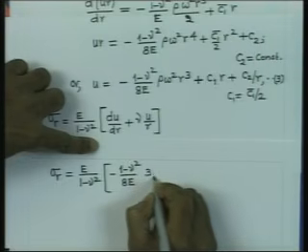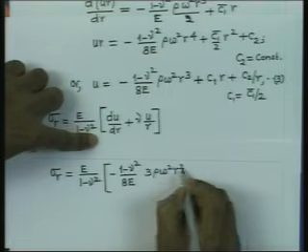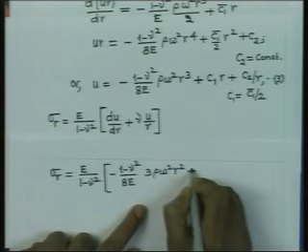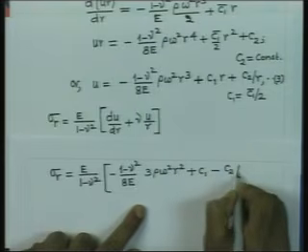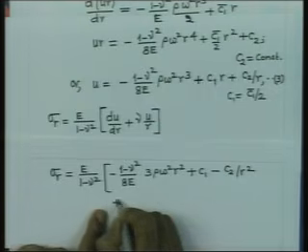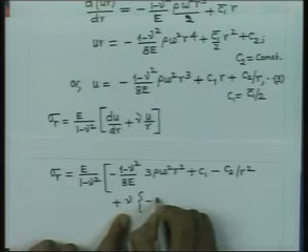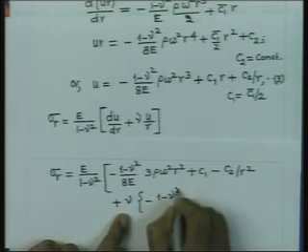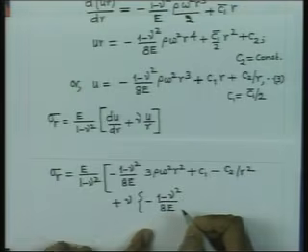this will be 3 times rho omega square r square plus C1 minus C2 by r square, plus nu times (1 minus nu square) by 8E.